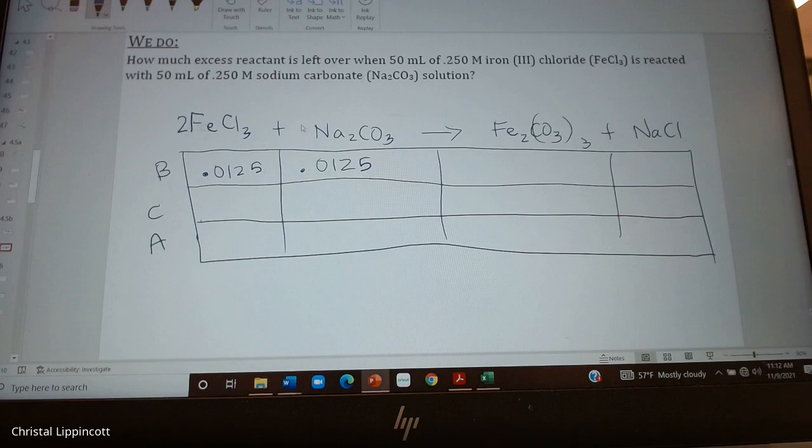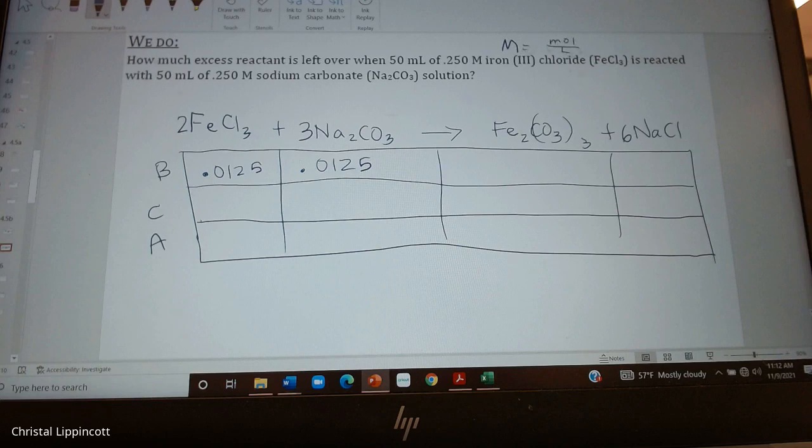What's the constant? 22.4, but you don't use it in this problem. So they gave you the molarity here. Remember that molarity equals moles over liters, okay?